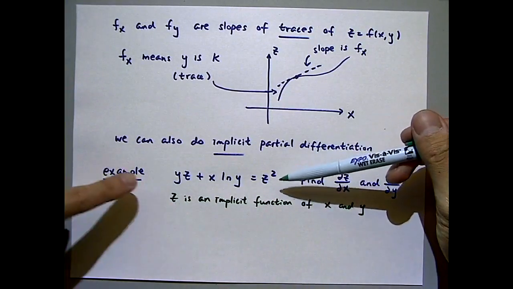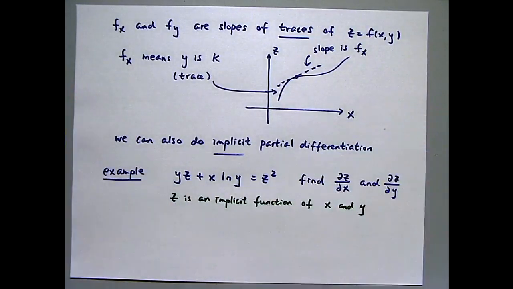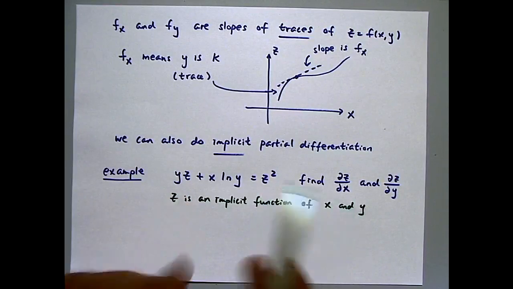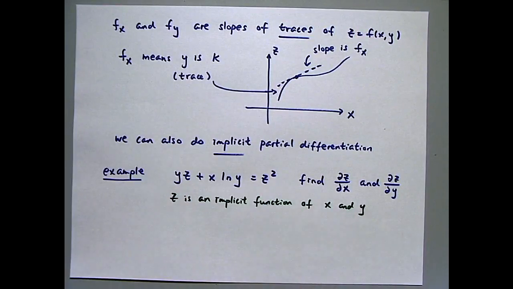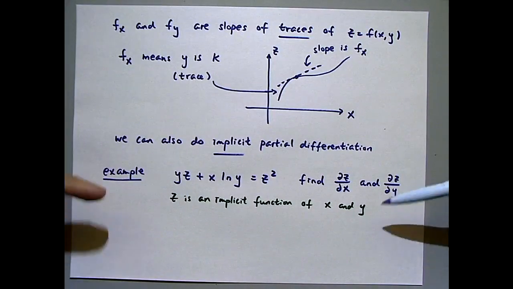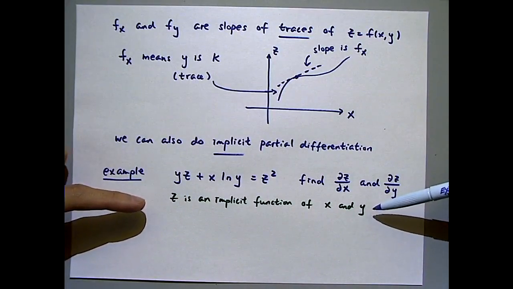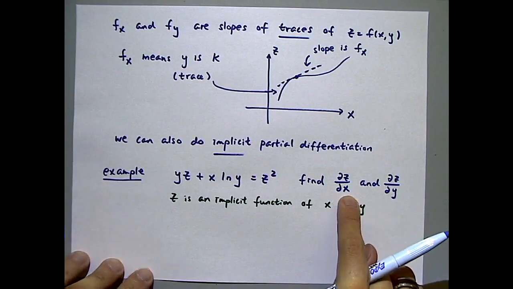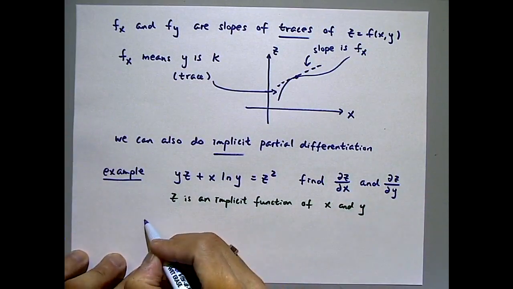There's no way I could rearrange this equation to get z equal to something with just x and y. Because z shows up in two places, there's no way to totally separate z out by itself. So this is the key idea, just like you might remember. Let's find the partial with respect to x. Let's do this on the next slide.